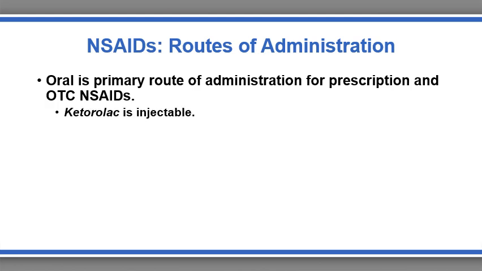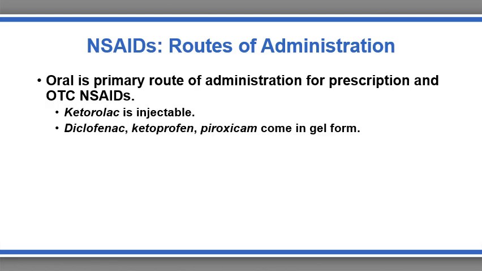One of the more common injectable types, I mentioned this early, is ketorolac or Toradol. That's really the only NSAID that's routinely administered via a parenteral route. There are some other forms that come in gel form.